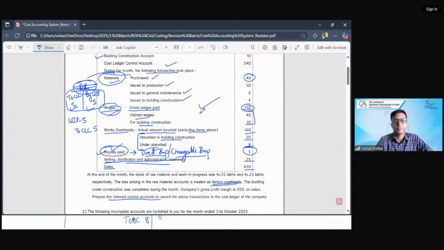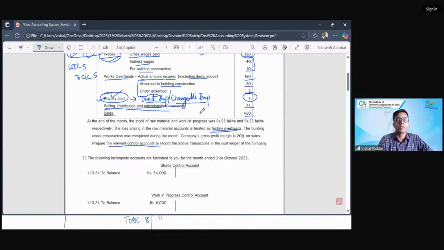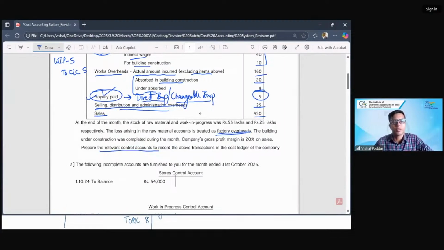Okay. Now, going to the further additional information. At the end of the month, the stock of raw material and WIP is 55 and 25. Now see, generally in questions, this is what we find out as the balancing value of these accounts. But in this question, they have given the balancing values. It means something else would be identified in these accounts as the missing value.